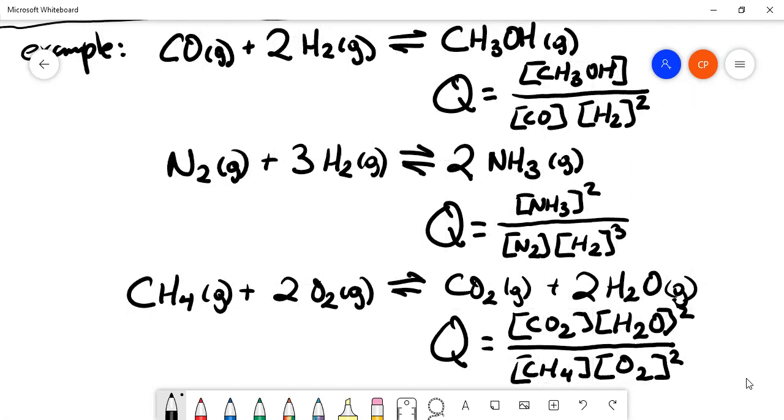Before I go forward, have a look at these reactions that we've been talking about here. What do all these reactions have in common? What they have in common is the thing they have in common as well with the very first example we launched into, where we had nitrogen dioxide gas combine with itself to form dinitrogen tetroxide gas.